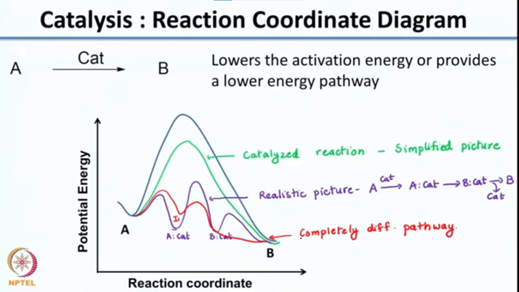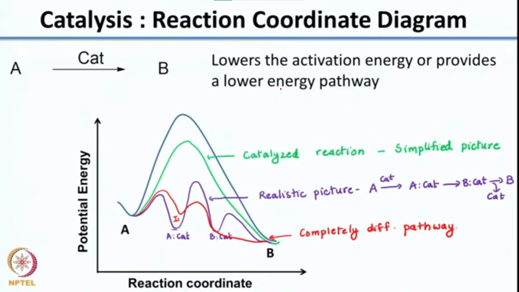Now this is a reaction coordinate diagram for catalysis, right? When you are performing the reaction from A to B, your reactant A is getting converted to B. It will give you some transition state energy, right? Activation energy. But when it undergoes reaction in the presence of a catalyst, what will happen?